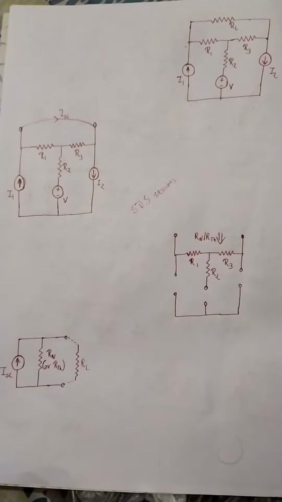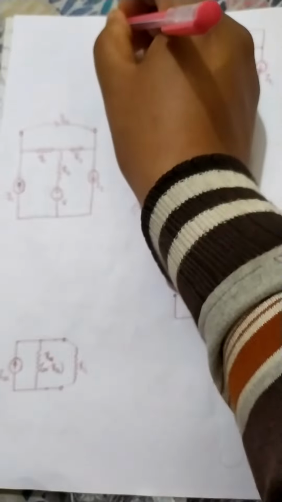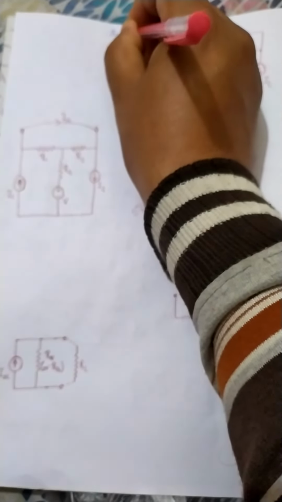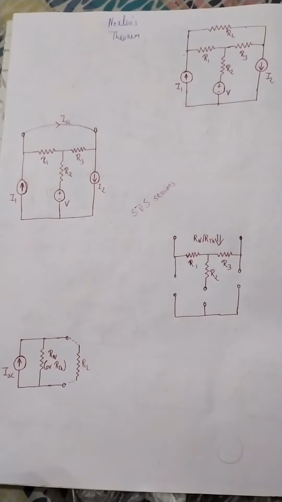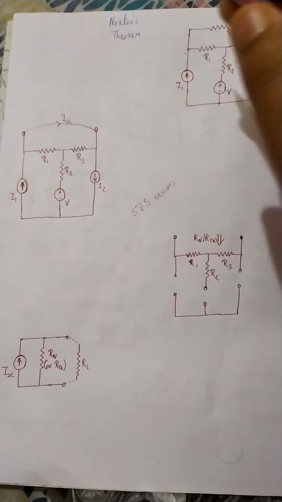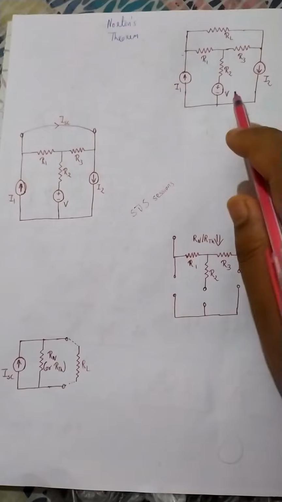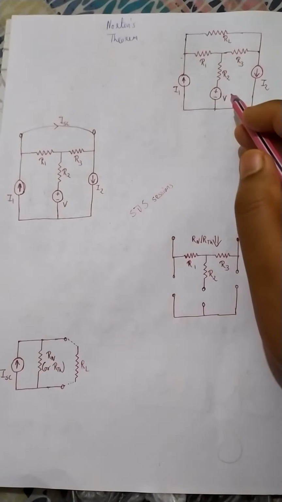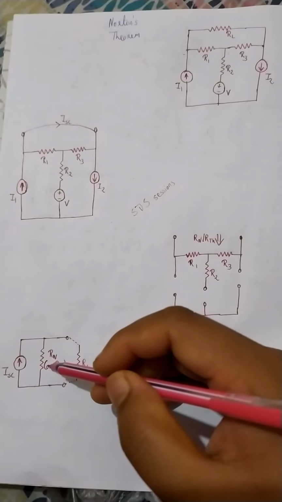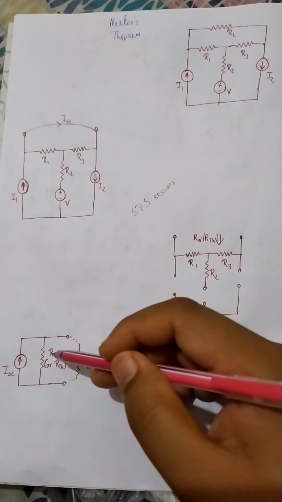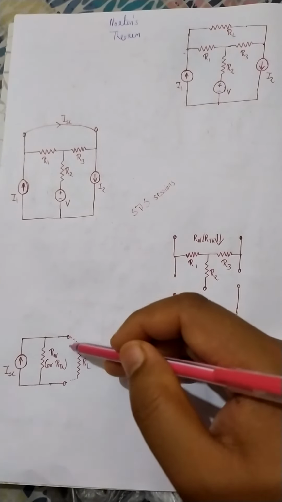And today we will be discussing another network theorem, that is called Norton's theorem. In this Norton's theorem, we have a circuit, and we are converting this arrangement to a much simpler circuit having one current source in parallel to which there will be some resistance connected, and then we have the load connected at the output.